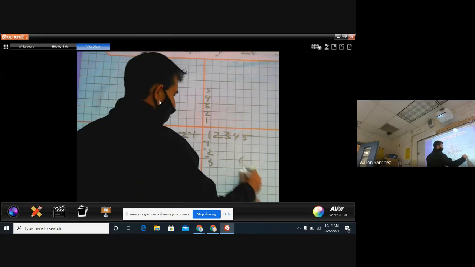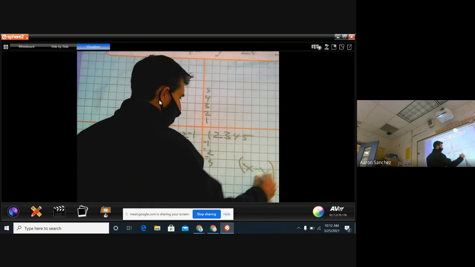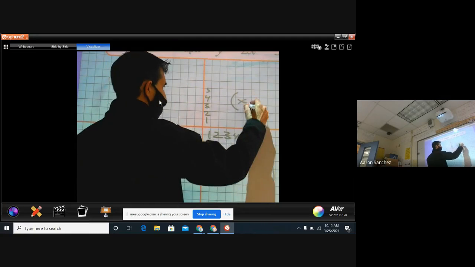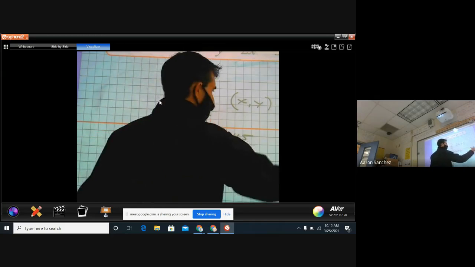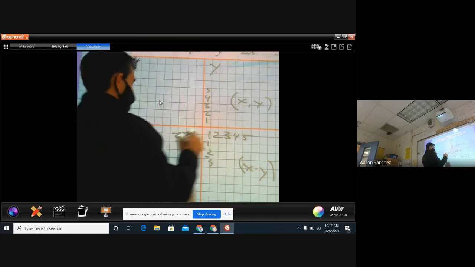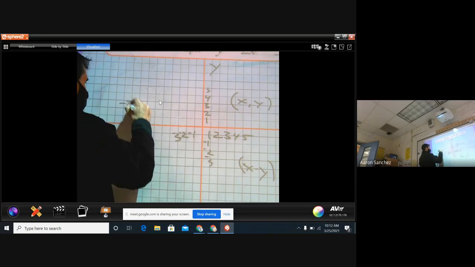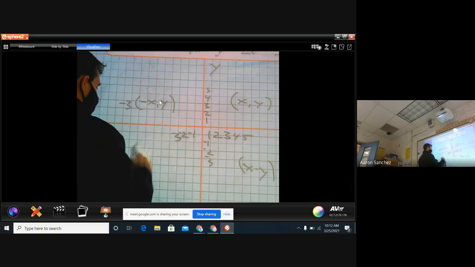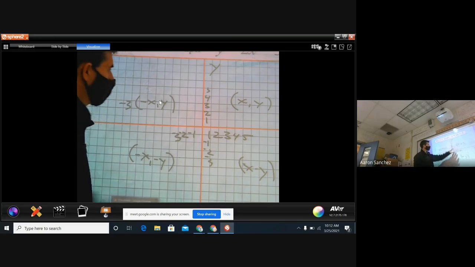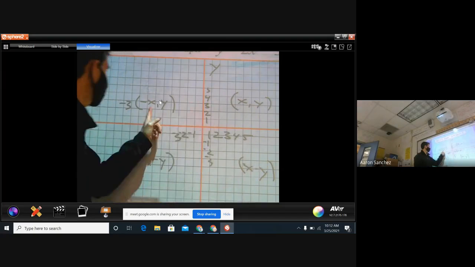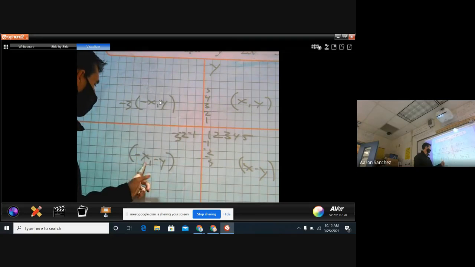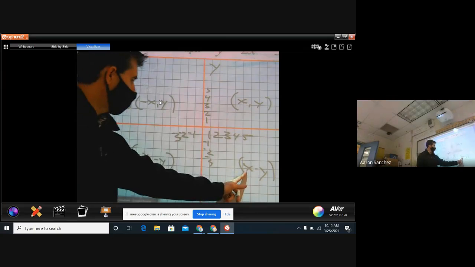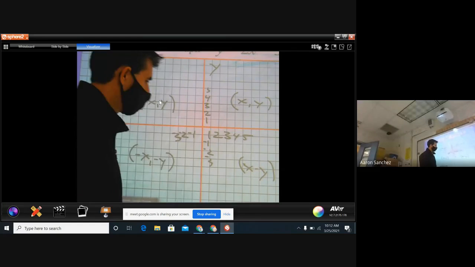So here, my x is positive, my y is negative. Here, my x is positive, my y is positive. Remember, this is my x, this is my y. Here, my x is negative, my y is positive, and here, my x is negative, my y is negative. So if it's in here, I've got a positive x, positive y. If it's here, I've got a negative x, a positive y. Here, negative x, negative y. Here, positive x, negative y.